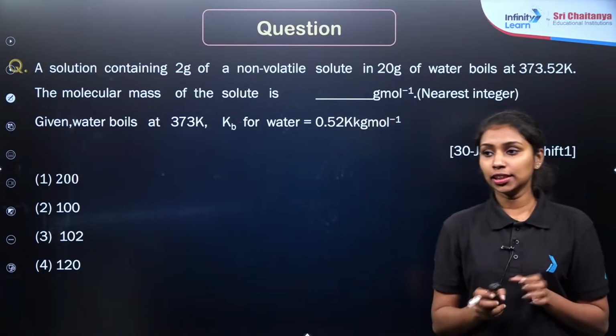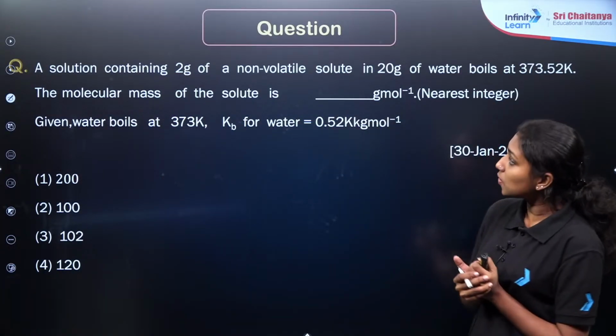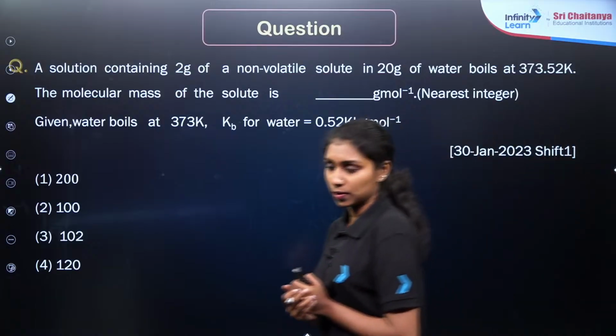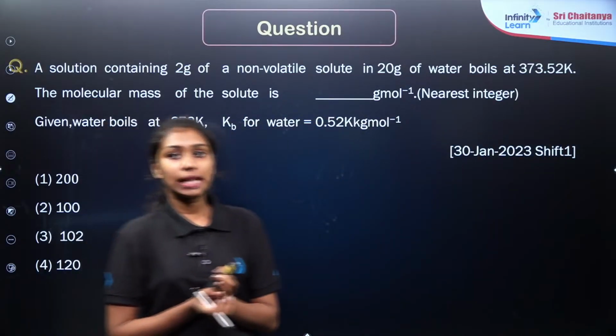Here is the next question. This is a numerical problem based on the colligative property elevation of boiling point of the solution. Just read the question and give me the answer in the comments.